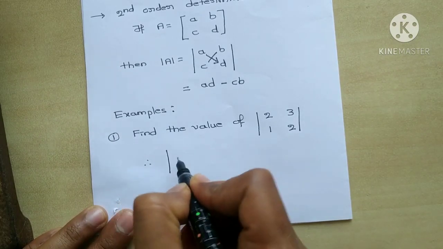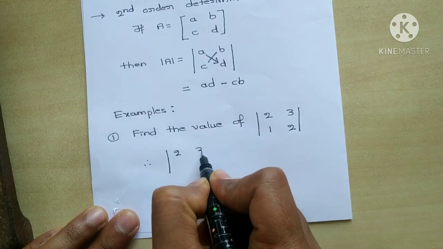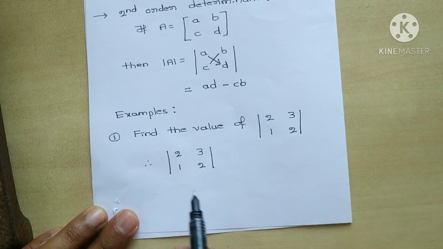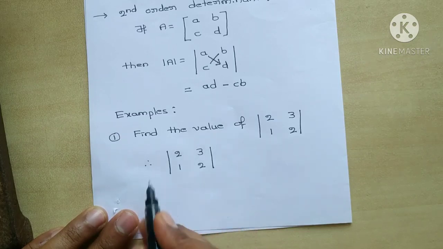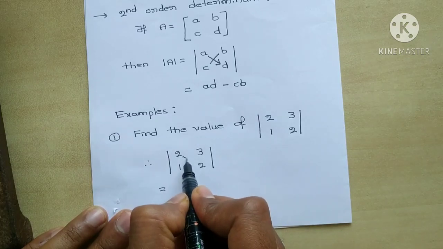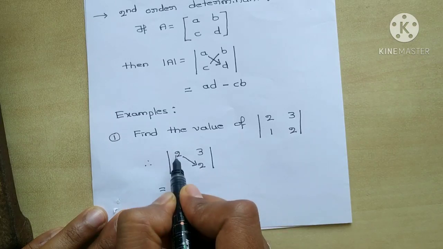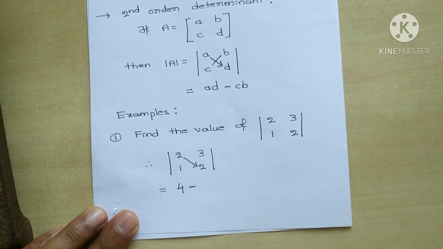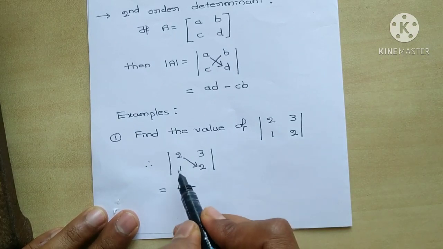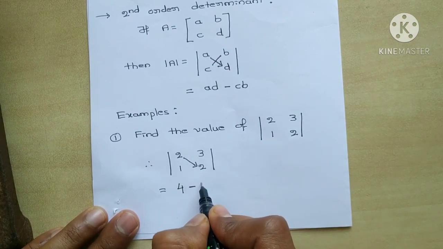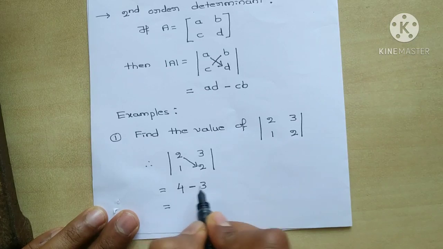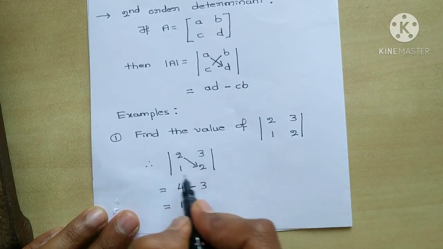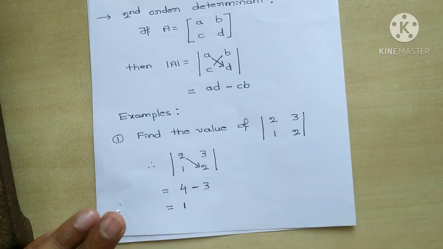Just now I said, go from left top to right bottom. These two values you need to multiply: 2 into 2 is 4. In the middle, a minus sign will come. Next, 1 into 3 is 3. Therefore 4 minus 3 is equal to 1. So 1 is the value of this determinant.